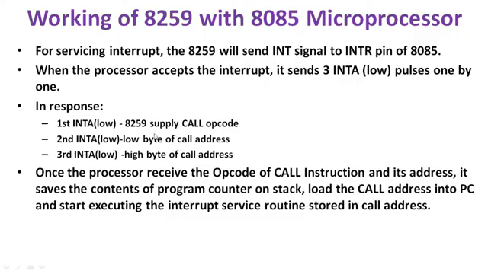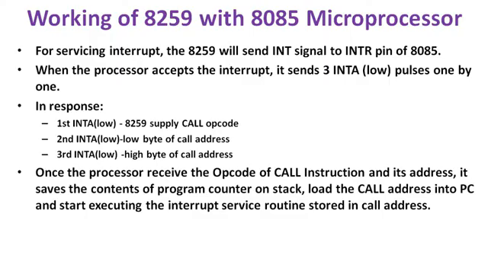When the processor generates the second INTA bar pulse, the 8259 will send the lower byte of the ISR address, and when the processor activates the third INTA bar pulse, the 8259 will send the higher order byte of the call, that is the ISR address. So this way the 8259 will provide the ISR address.